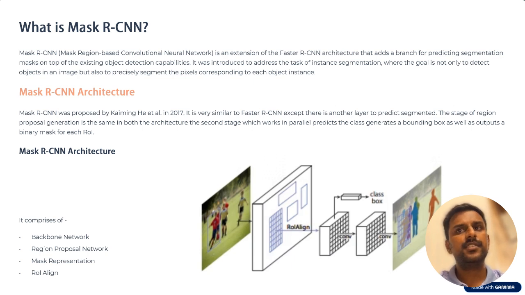First of all, the region proposal generation stage is the same in both architectures, which works in parallel in prediction of class along with the bounding box. And it also outputs a binary mask for each region of interest. The key takeaway is the output of the binary mask.